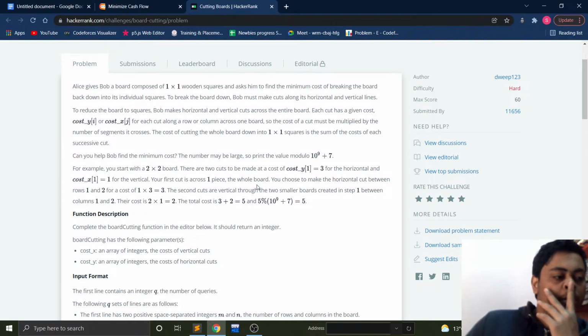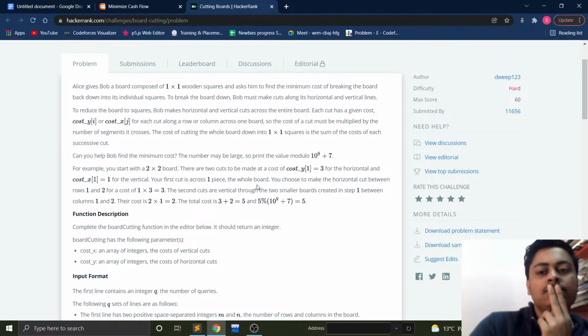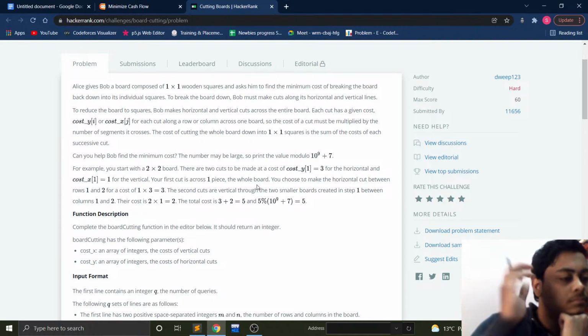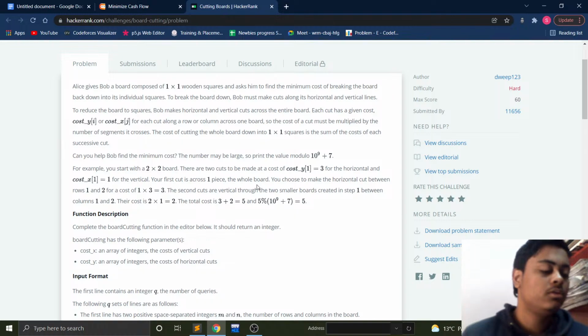You choose to make the horizontal cut between rows 1 and 2. First cut is across one piece, the whole board.